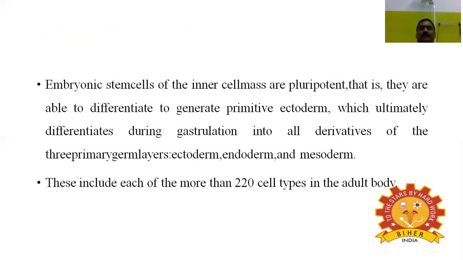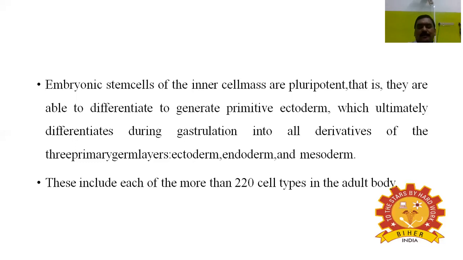Next, in continuation of the embryonic stem cells. The embryonic stem cells of the inner cell mass are pluripotent and able to differentiate to generate the primitive ectoderm, which ultimately differentiates during gastrulation into all the derivatives of the 3 primary germ layers: ectoderm, endoderm, and mesoderm.